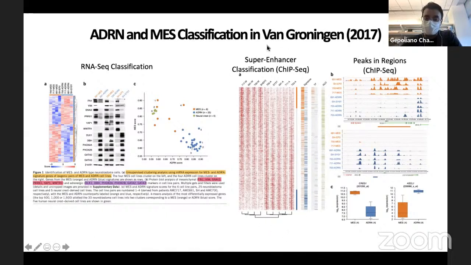This is a level above genetics because it is thought that the epigenetic level of classification happens before the actual gene expression. As it's illustrated here on the right part, these chromatin immunoprecipitation peaks can also be used to classify the mesenchymal cells and the adrenergic cells.